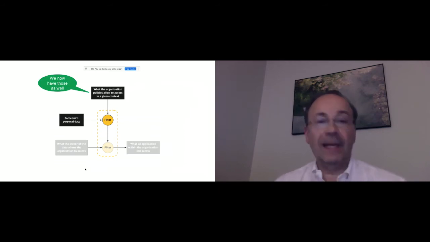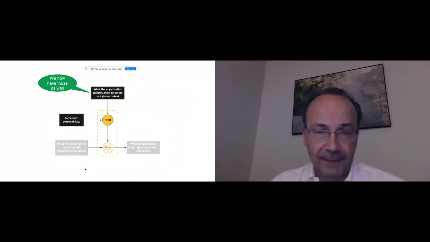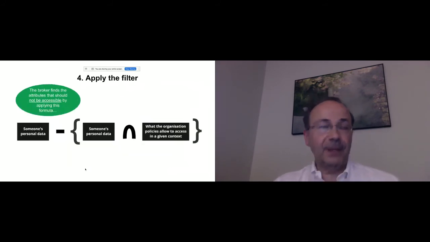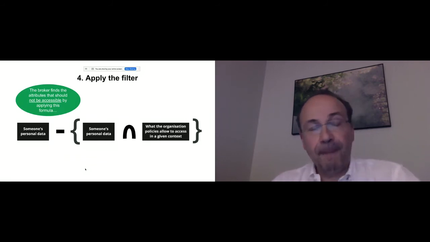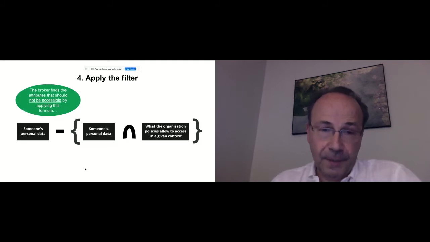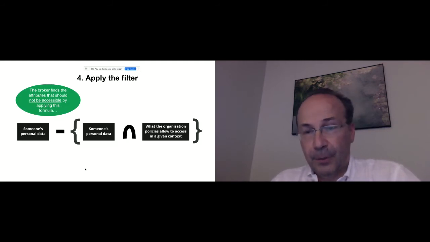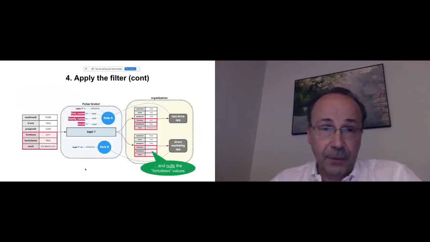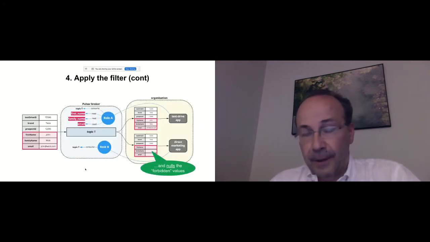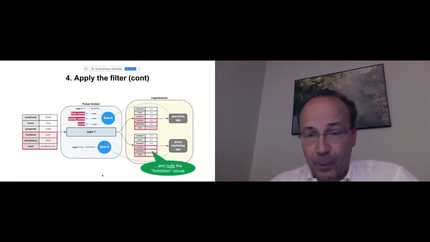The only thing left is actually to apply the filter. So the filter would look something like that. We take someone's personal data and we subtract the intersection of its personal data with the data that the organization policies allow to access in the given context. Which means that as soon as we find them, we null their values and we obtain the result that we are expecting.